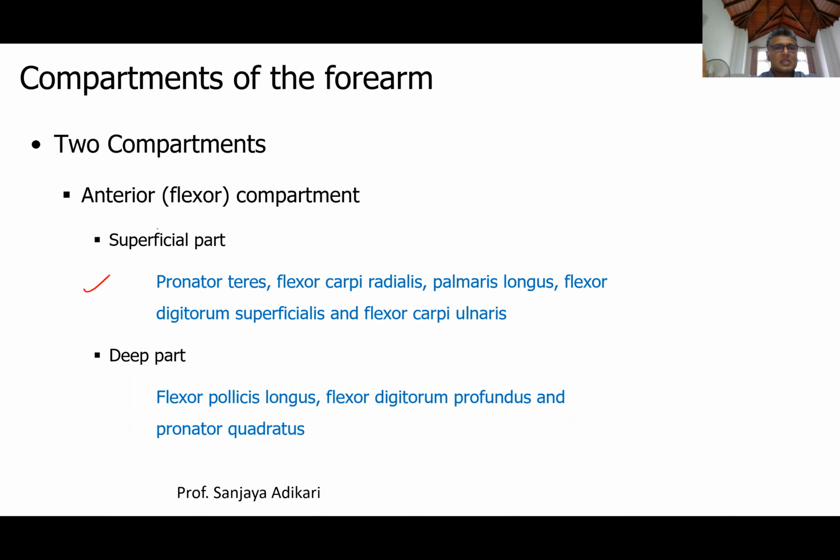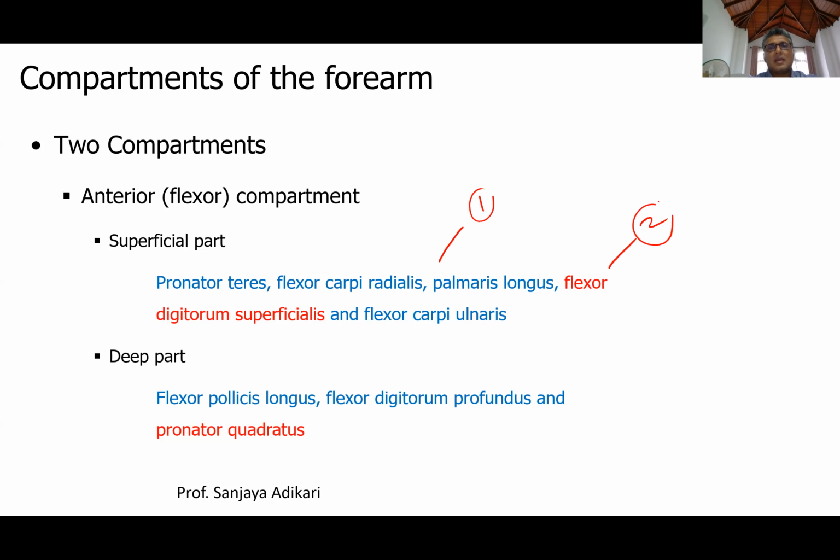These are the five muscles in the superficial compartment. But remember that flexor digitorum superficialis lies at a deeper level compared to the other four muscles. For that reason, people sometimes call this the first layer and this the second layer, even though they are both in the superficial compartment.